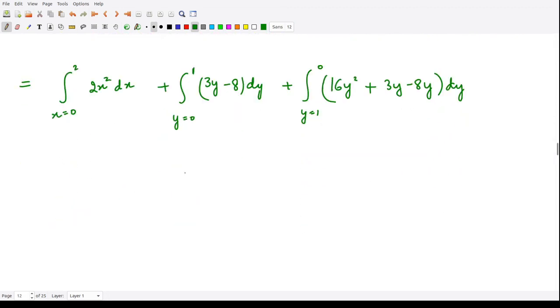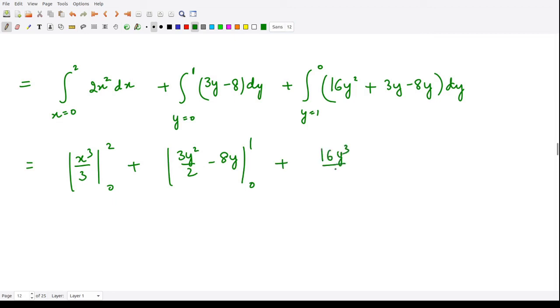So we can perform this integration very easily. It would be x cube by 3, limits varying from 0 to 2, plus here it would be 3y square by 2 minus 8y, limits varying from 0 to 1 again, plus here it would be 16y cube by 3, and here we have minus 5y square by 2, and the limits here vary from 1 to 0 and not from 0 to 1.